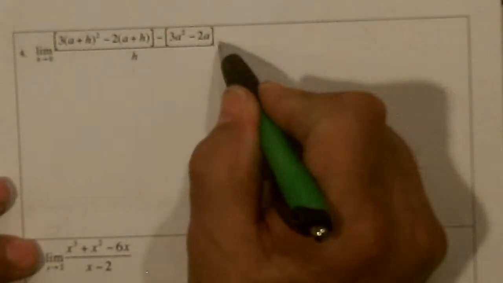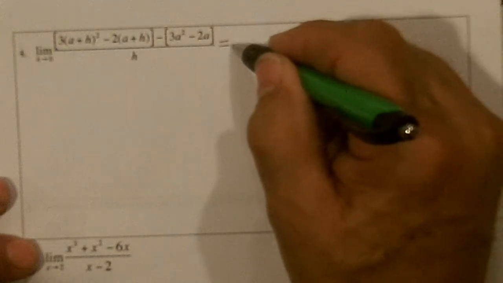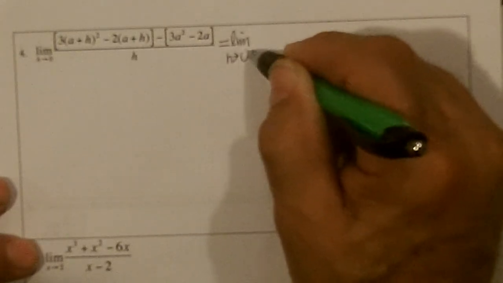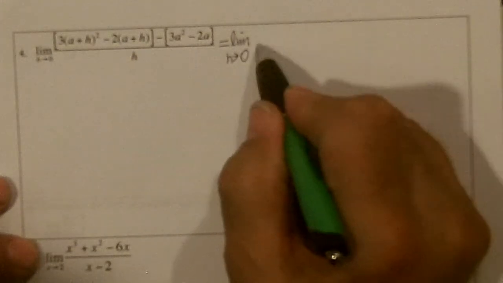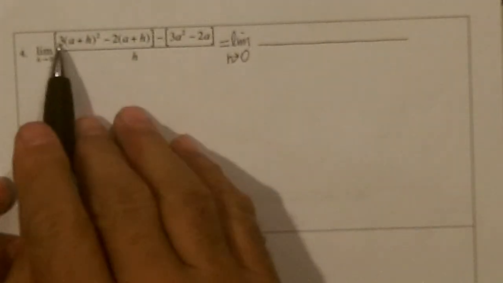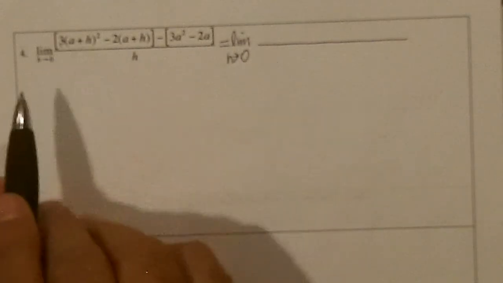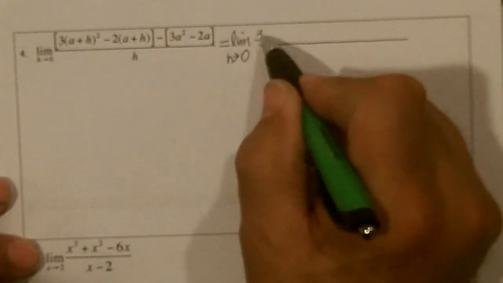Number 4. Most people did pretty well on here. Some of you really struggle with this algebra. So we have the limit as h approaches 0 of this 3 times something squared. The square comes before the multiplication, so we still have 3.